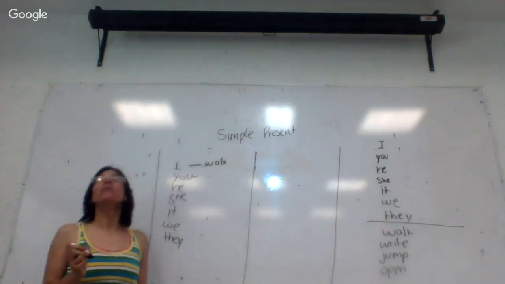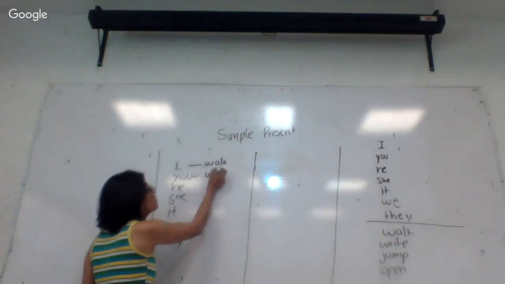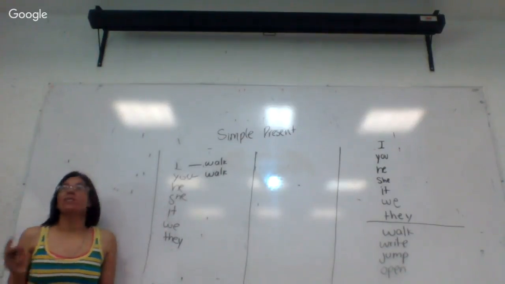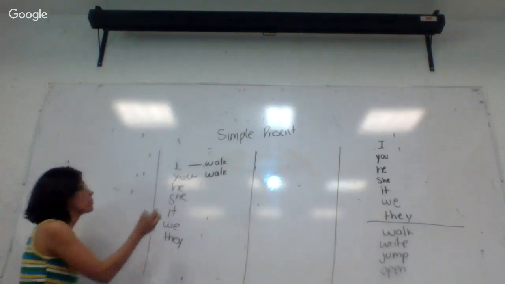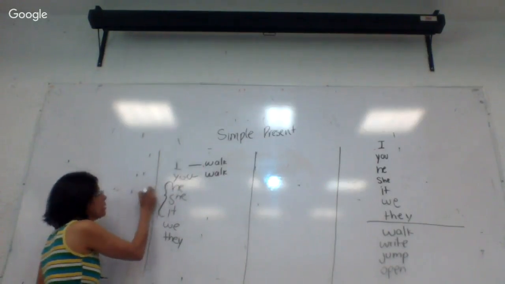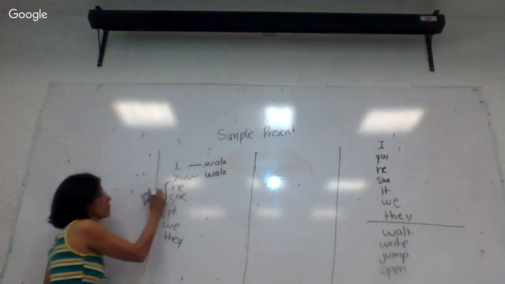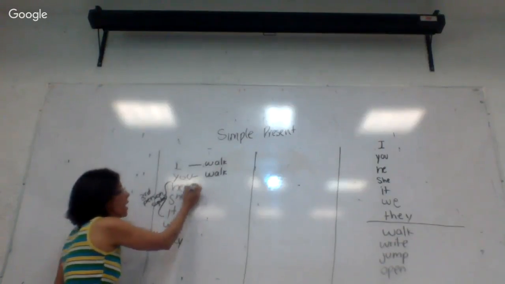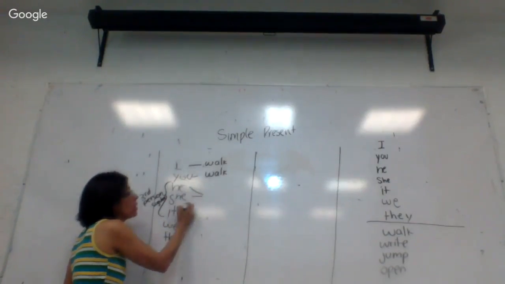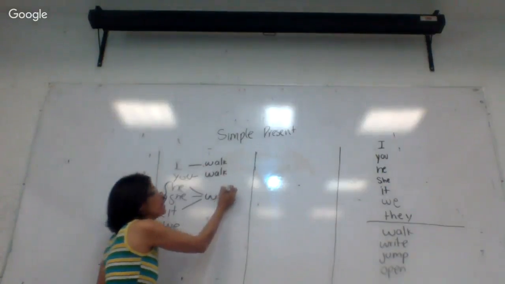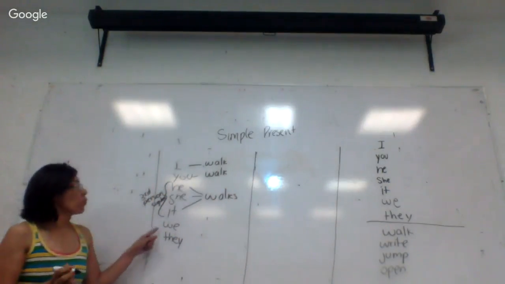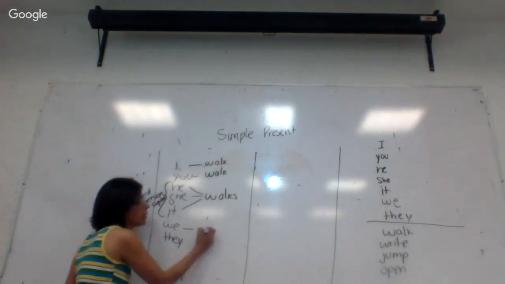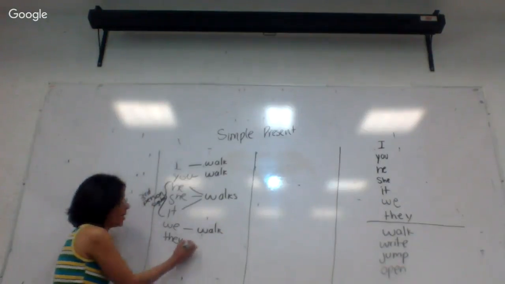You walk. We're going to use the same one. Now, for these 3, we said that we're going to add the s at the end because we're working with third person singular, right? So we add an s. So it is going to be walks. And then we have this one, and we're writing the same. We walk. And they walk.